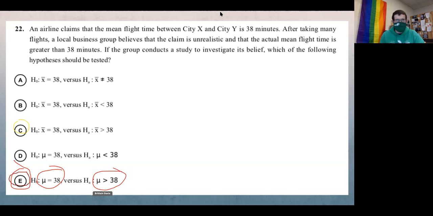Not the sample, because we already have our sample results. We're going to know maybe our x-bar in this case is 39. So that's going to be known. x-bar would be for the specific sample, and mu is for the whole. Yeah, x-bar is what we have as a given in the problem so that we can calculate the probability and decide whether to reject or fail to reject the null hypothesis.